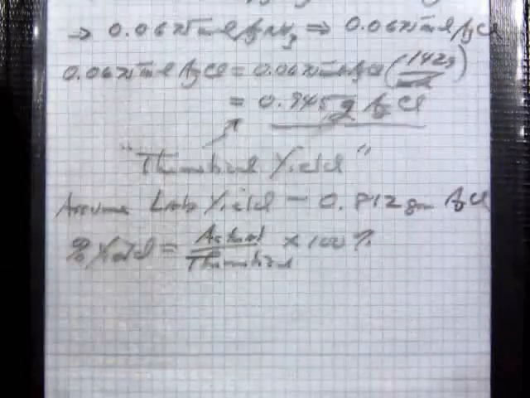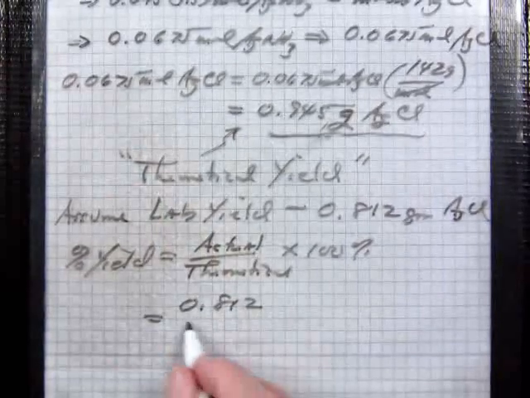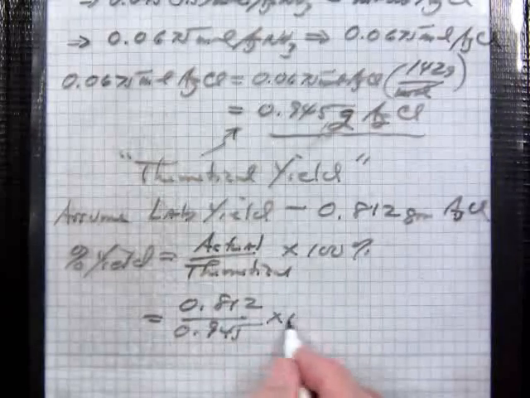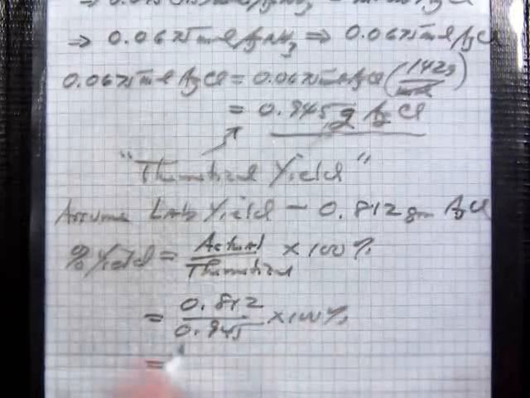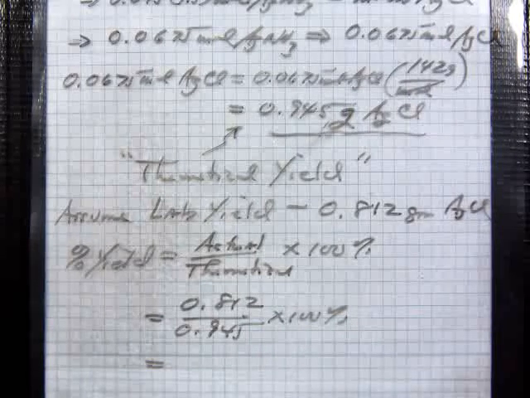And so, plugging that into here, we have 0.812 over 0.945 times 100%. And for review purposes, about 85.9%.